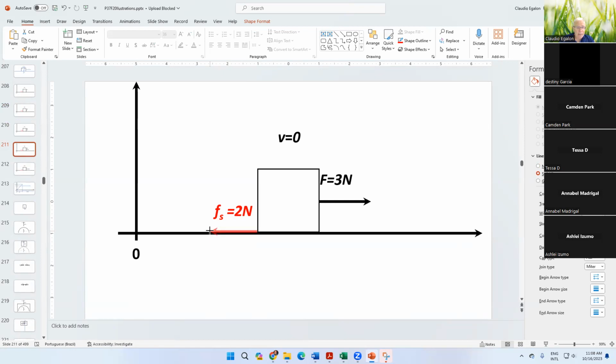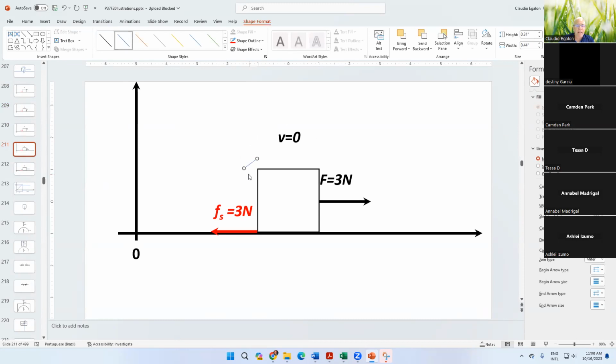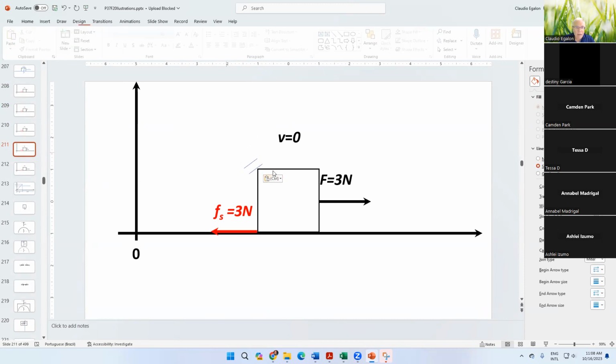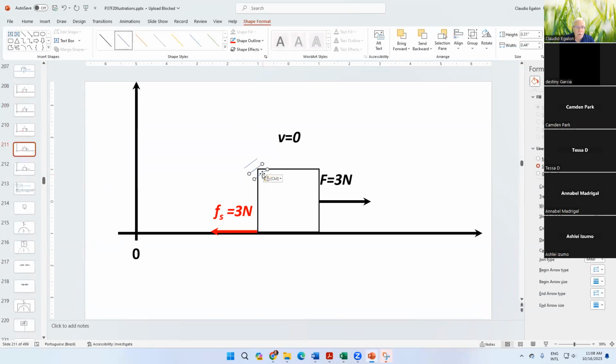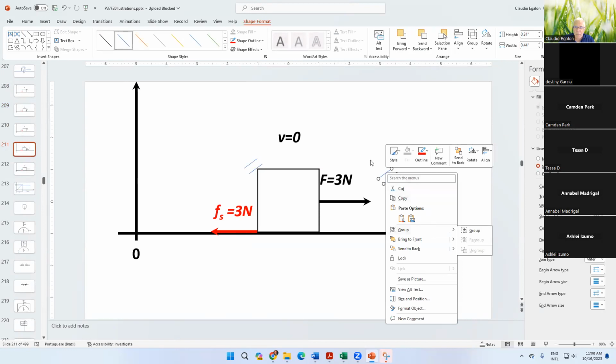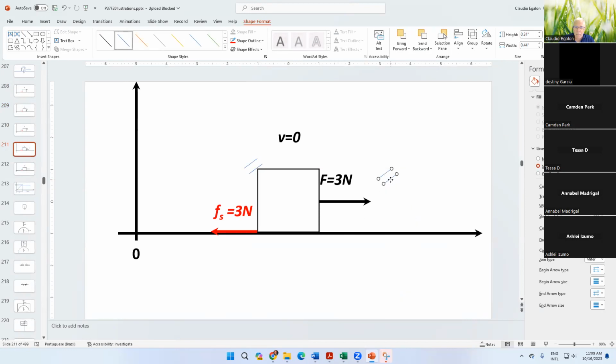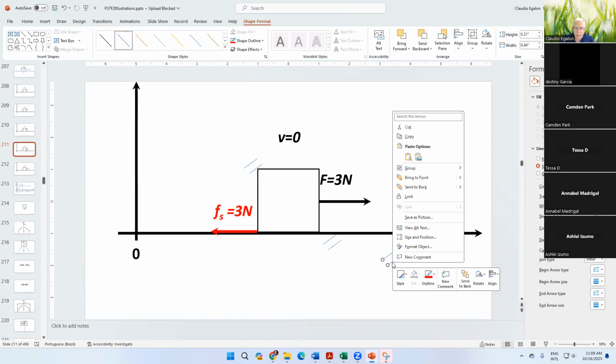The object is still at rest, but it is on the verge of motion, right? How am I going to represent that? That's how we usually represent when the object is on the verge of motion, with those little dashes. Here you go. Object on the verge of motion.